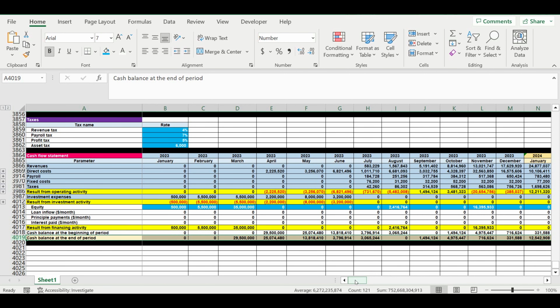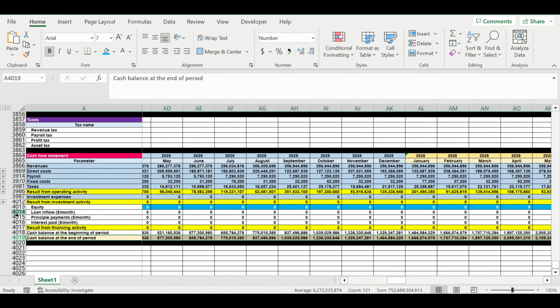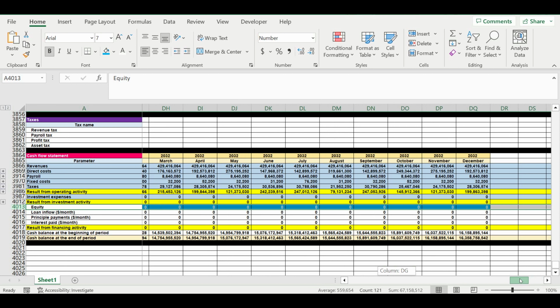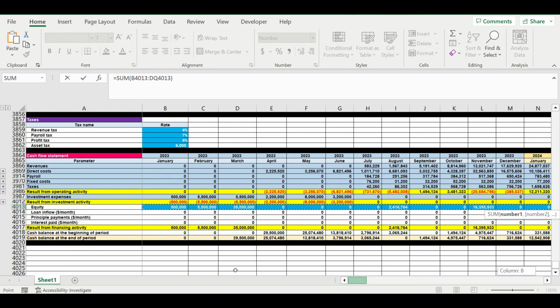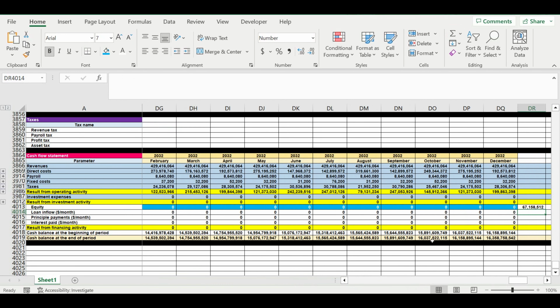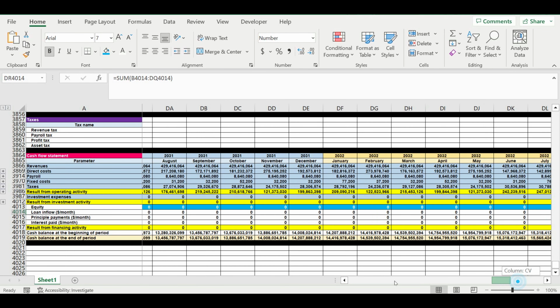Now we can see that there are no red values, and we can simply go to the end of the timeline and create totals for this line, for the equity. Press enter. We can do the totals for the bank loan.